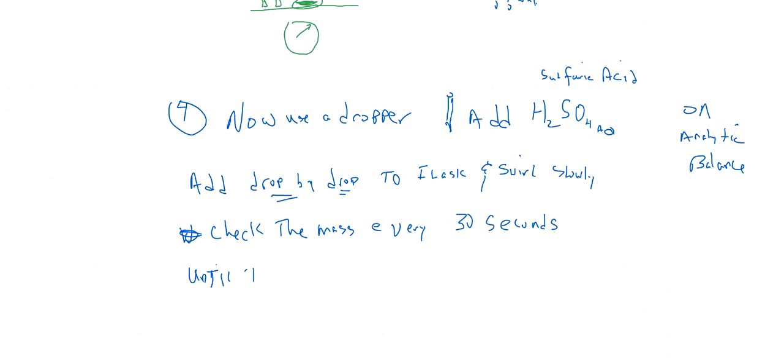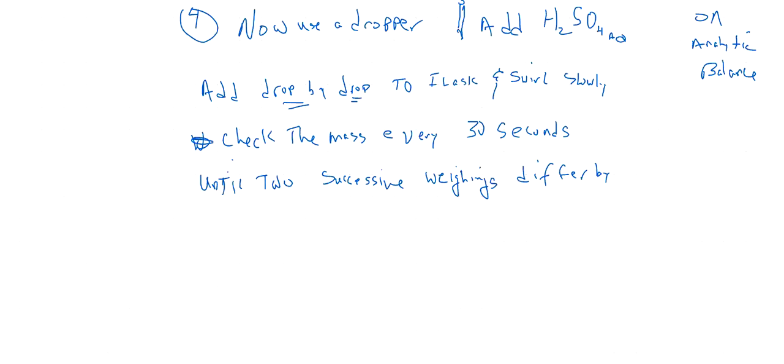2 successive, that means one right after another, 2 successive weighings differ by less than a hundredth of a gram, less than 0.010 grams.